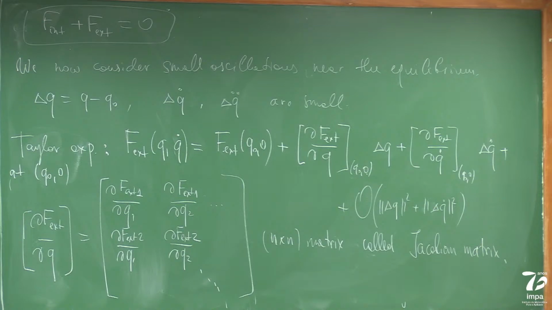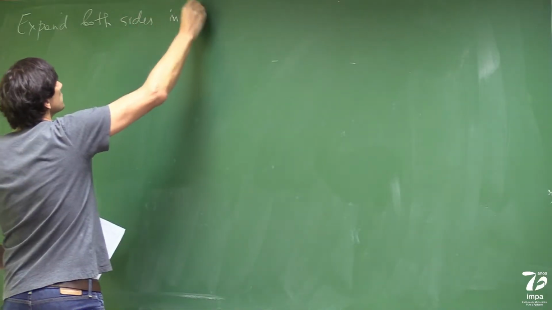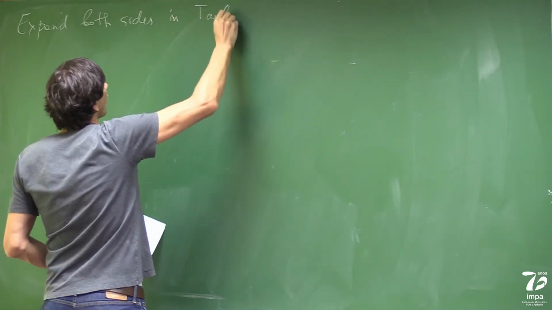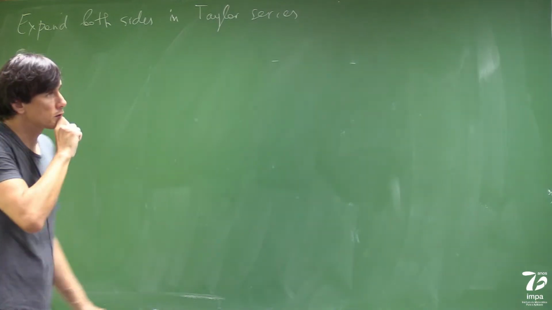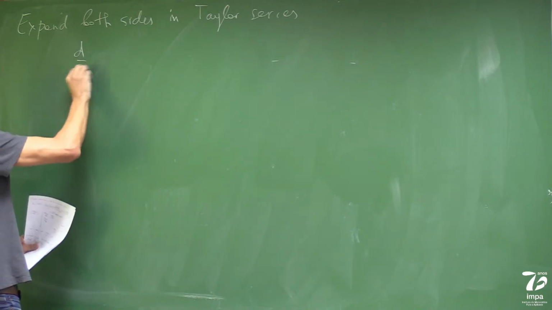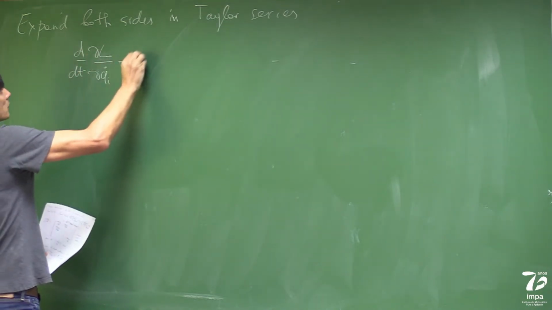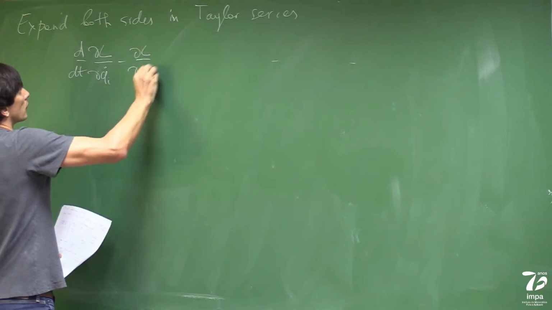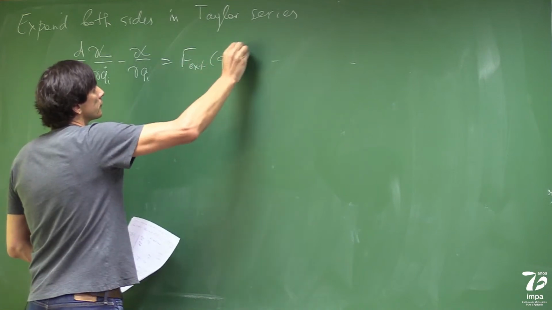So we expand both sides in Taylor series. So we expand the equation of motion. So we take d/dt of dL/dq_i dot minus dL/dq_i.